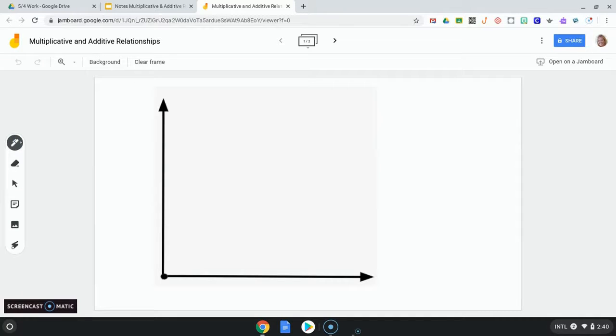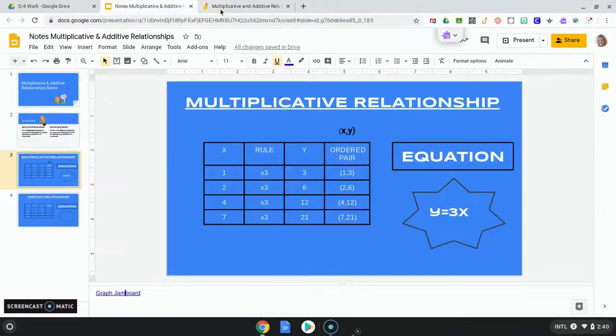So this is my x, and then your y-axis is always running up and down. So this is my y-axis. Now, I'm going to come back over here and look at this real quick. So here's my table. I'm going to take these ordered pairs and graph them on this graph.